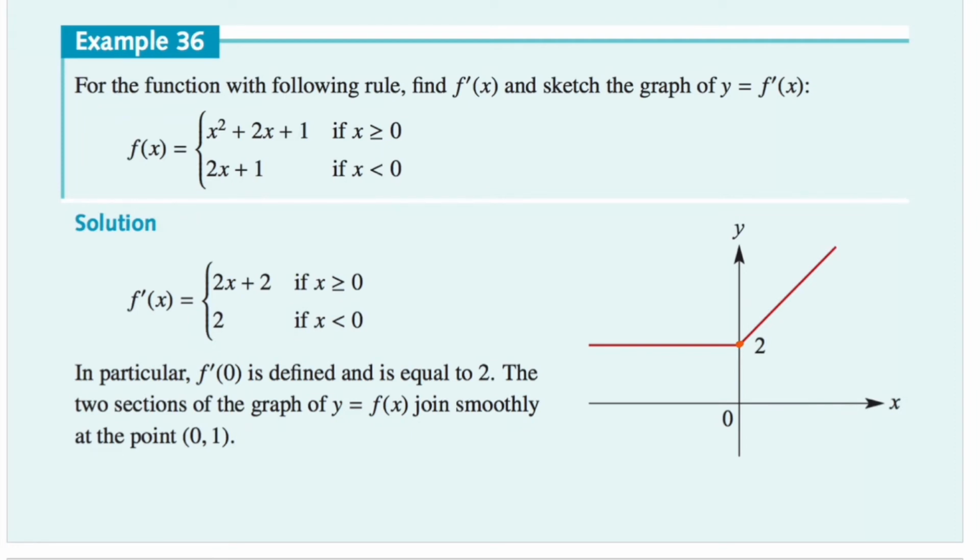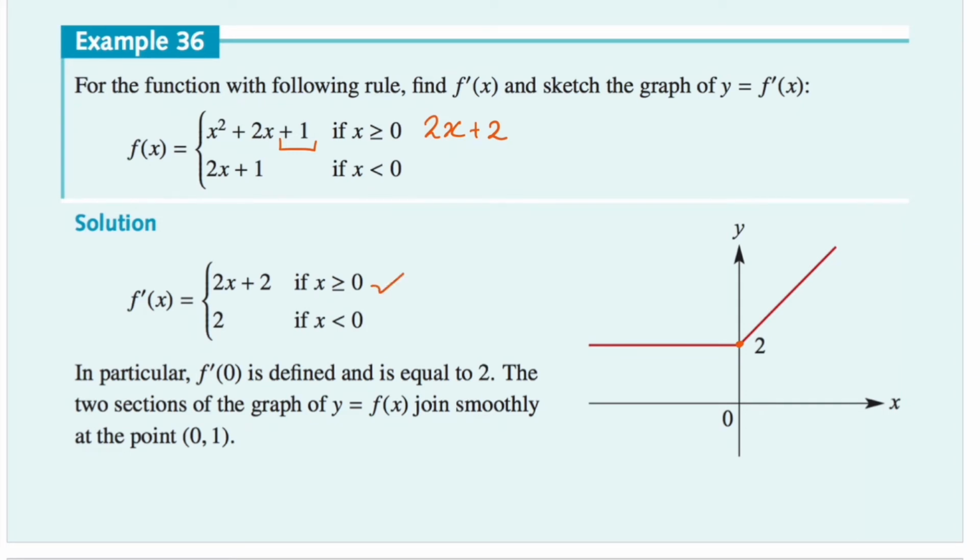Step number 1, let's find the derivative functions. For this piecewise defined function, we can easily find the derivative function by differentiating it. The first function, if we find the derivative, becomes 2x plus 2, and the constant term 1 disappears. So that's what we have here according to the same domain.